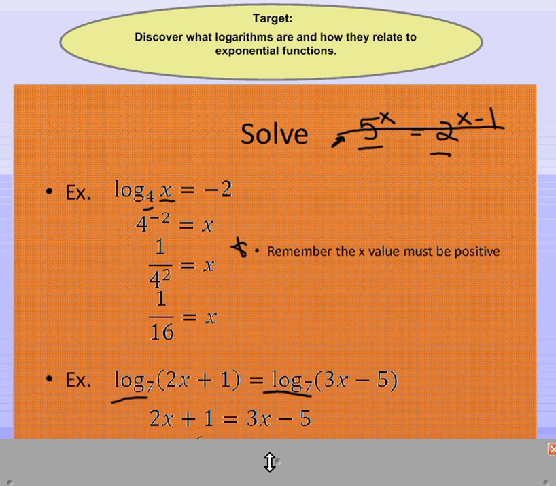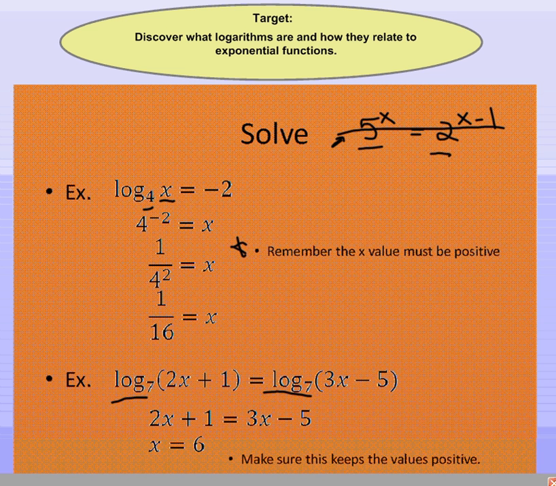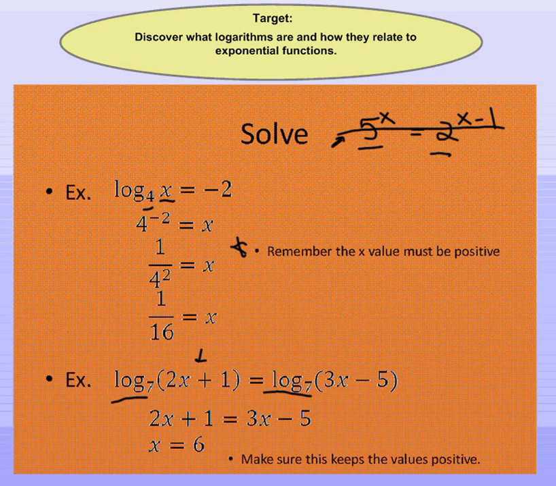So we can ignore the log base 7s, set these values equal to one another, solve, and get an answer of 6. But again, make sure that these values are positive. So we should quickly input that 6 and make sure that 2x plus 1 and 3x minus 5 are positive values. As long as they are, everything is okay.